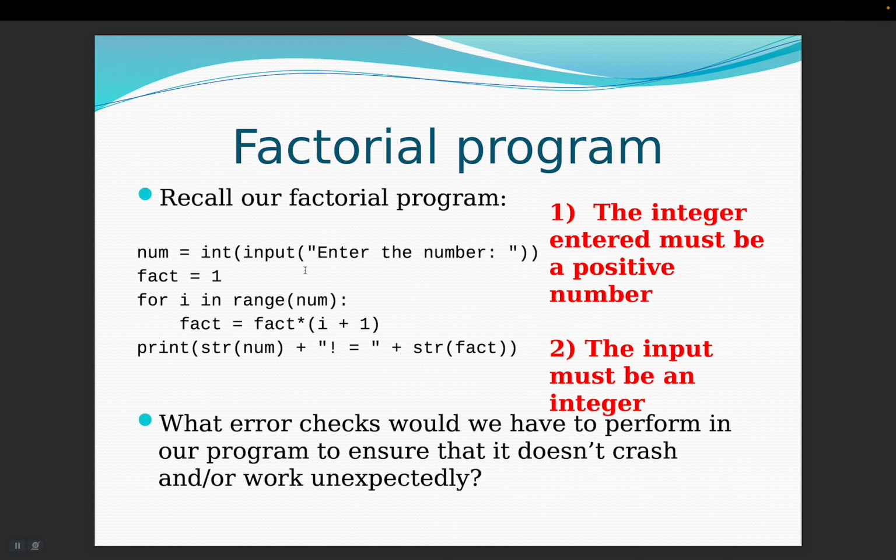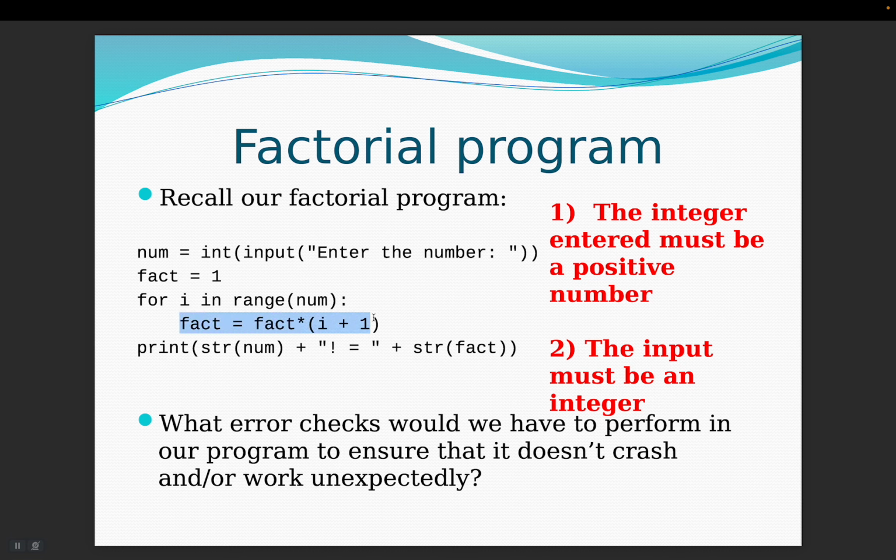So here's a factorial program that we made. We take the user input, a number, and we start with a factorial of one, because we need to start the calculation off with one. Then we have a loop that goes from 0 to whatever number we input.